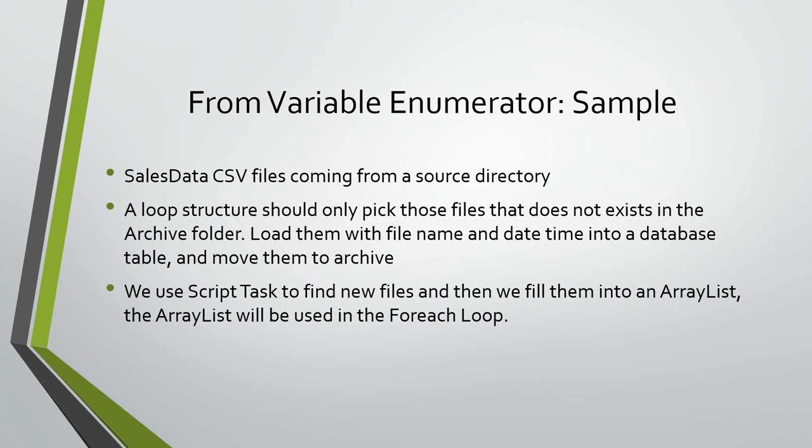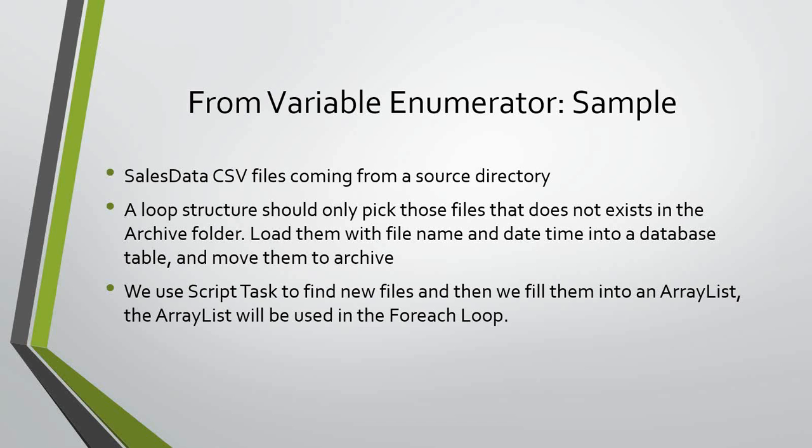Assume that there are sales data CSV files coming from a source directory. We want a loop structure to pick only those files that do not exist in the archive folder. This is a little bit different from the example in the previous demo, because in that demo we just wanted to loop through all files in the directory, but here we want to loop through only those files that do not exist in the archive folder.